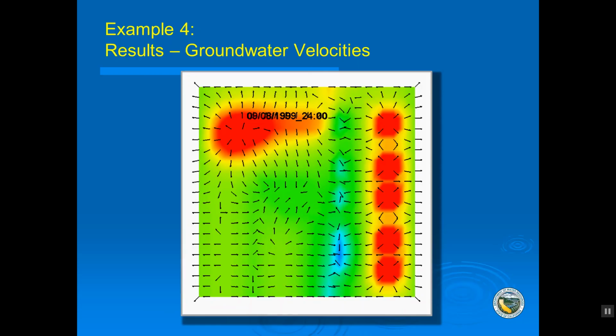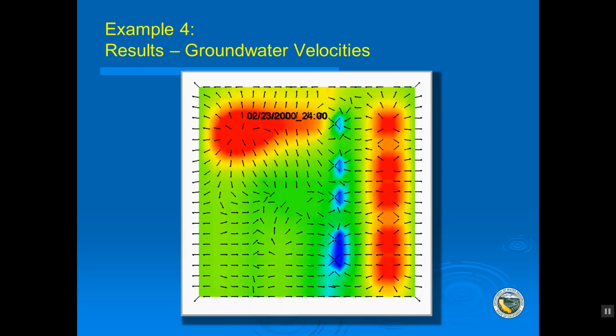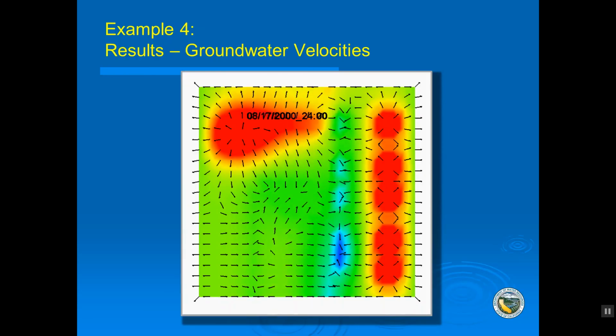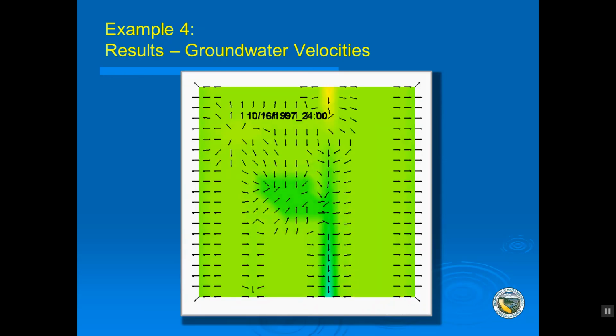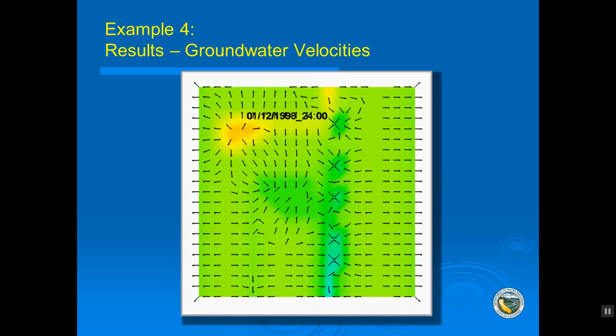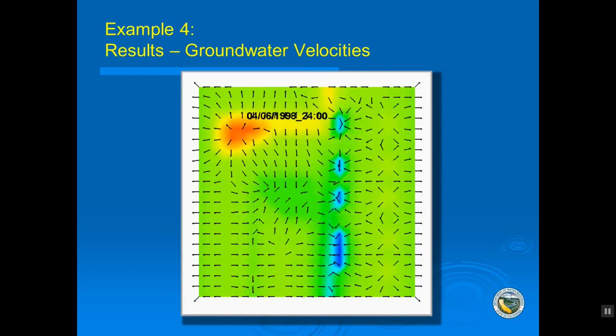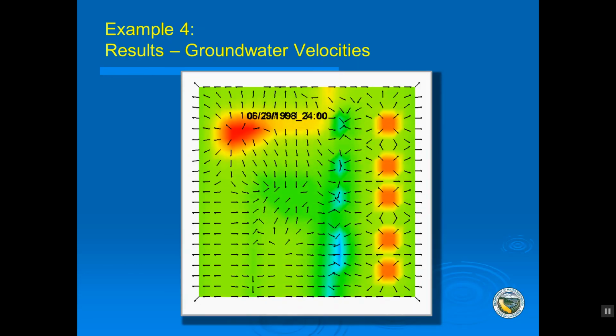So, the arrows kind of give you the direction of the groundwater flow, but the magnitude of the arrows are not related in this case to the magnitude of the velocity, because I tried that, the magnitude was changing all over the place. I just couldn't get it to make sense. It makes sense magnitude-wise, but just didn't look nice in the animation. But overall, you can see what's happening.